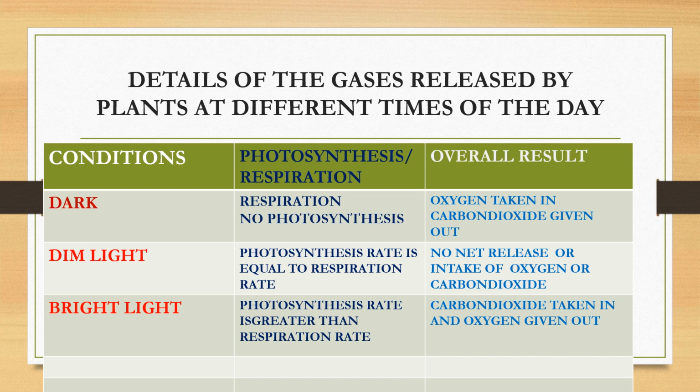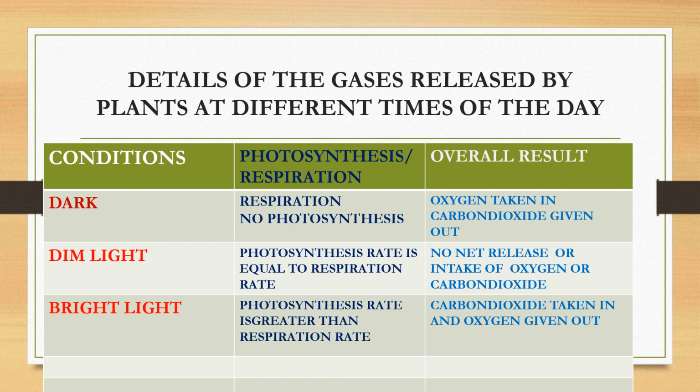In dim light, the photosynthesis rate is equal to the respiration rate. So the carbon dioxide gas released during respiration is used by the plant for photosynthesis, and the gas released during photosynthesis, that is oxygen gas, is taken by the plants for respiration. So there is no net release of oxygen or carbon dioxide.